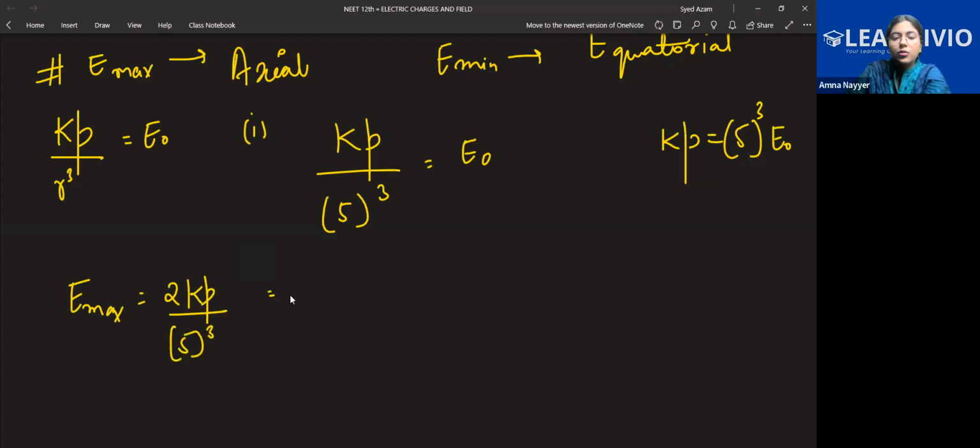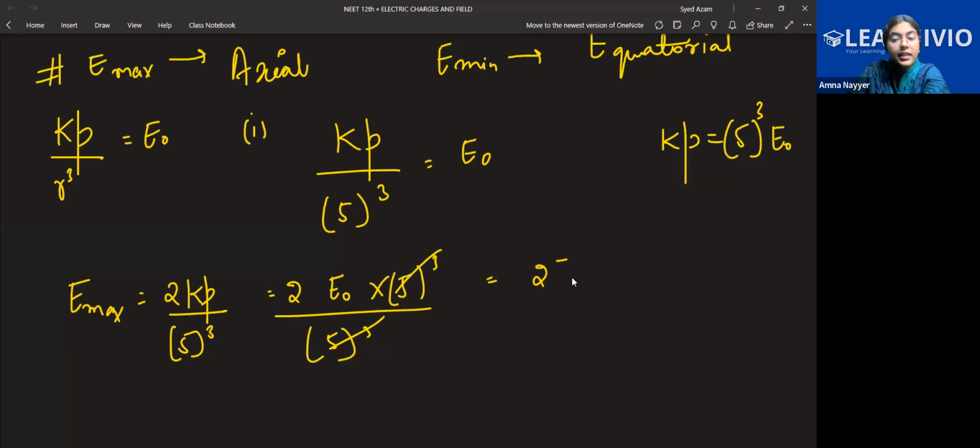Now 2kp can be written as E naught into 5 to the power 3 divided by 5 to the power 3. This gets cancelled and electric field maximum becomes twice of E naught. You can simply take the ratio also, you will get the same answer with the ratio as well. So this is 2 times E naught.